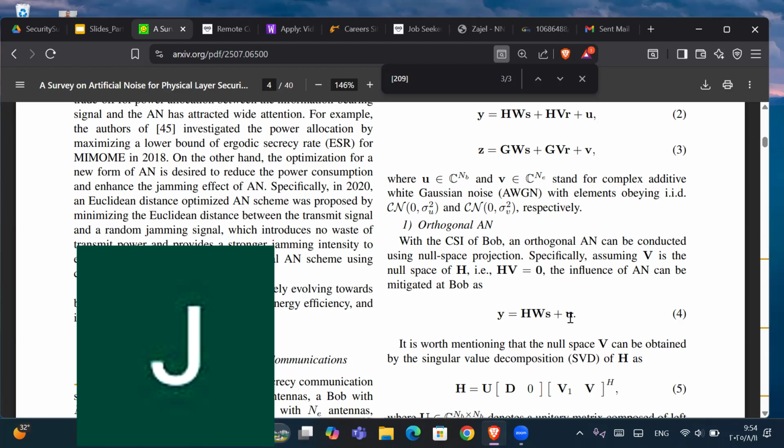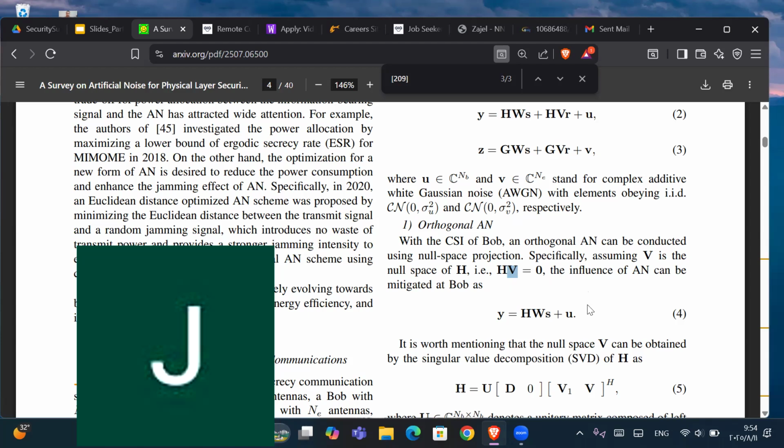So I told you V is the null space of H, which means the vectors inside V are orthogonal to the channel between Alice and Bob. Mathematically, if you multiply something orthogonal with another thing that's orthogonal to it, the result will be completely zero.